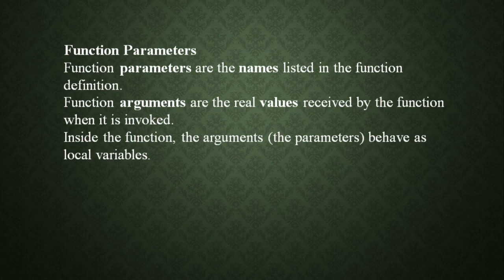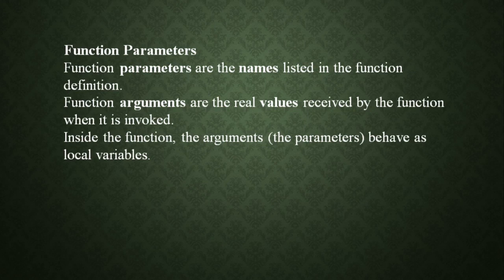A function can take multiple parameters, separated by a comma. These function parameters are the names listed in the function definition, where we specify these parameters after the function name, as a list of parameters.